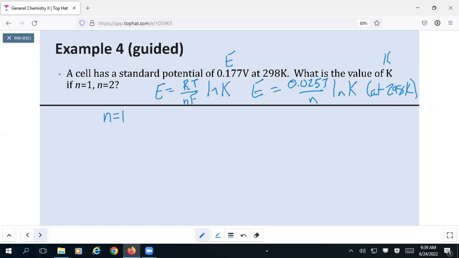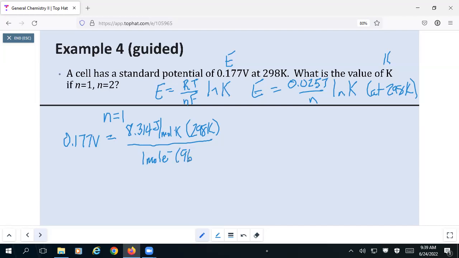So when n is equal to 1, we have 0.177 volts is equal to 8.314 joules per mole Kelvin times 298 Kelvin over 1 mole of electrons and 96,485 coulombs per mole of electrons times the natural log of K. Now, what we will see here is that everything's going to basically cancel out by the end of this.